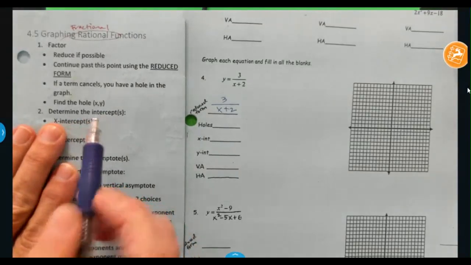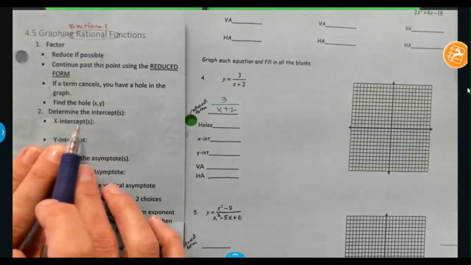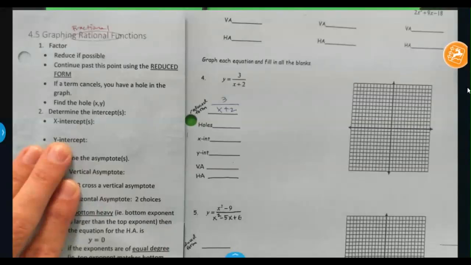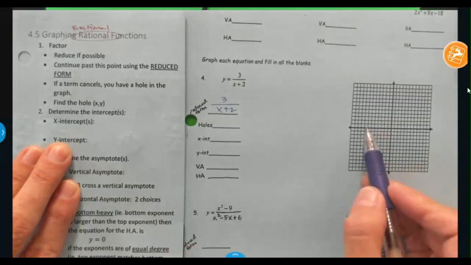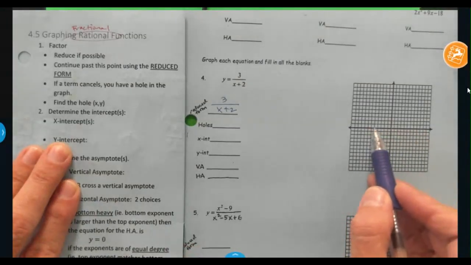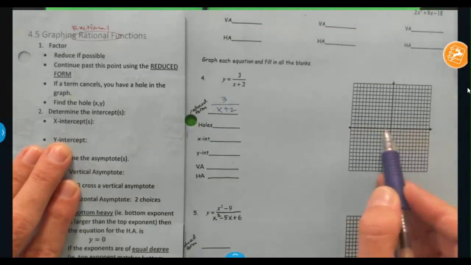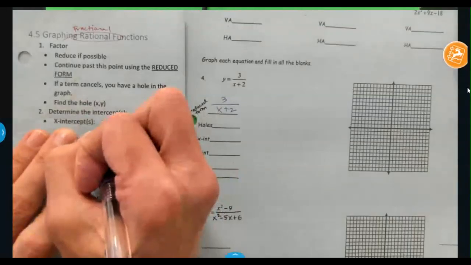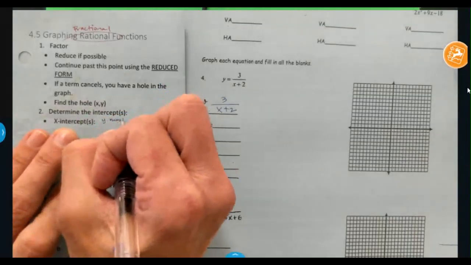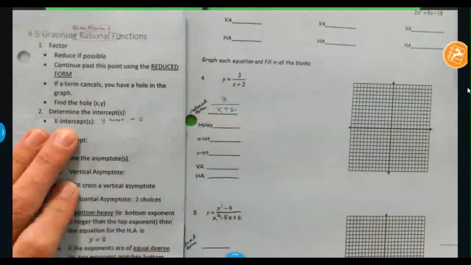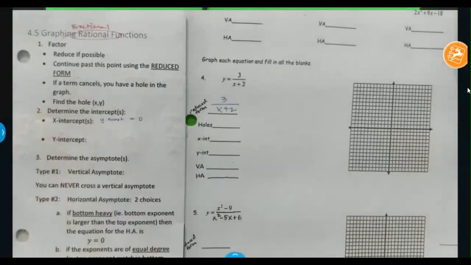Determine the intercepts, and there's 2 of them. The x-intercept. Okay, now think about this. We've talked about this. The x-intercept, okay, would be right here. What does y have to equal if you have an x-intercept? 0. Okay, so for the x-intercept, y must equal 0.